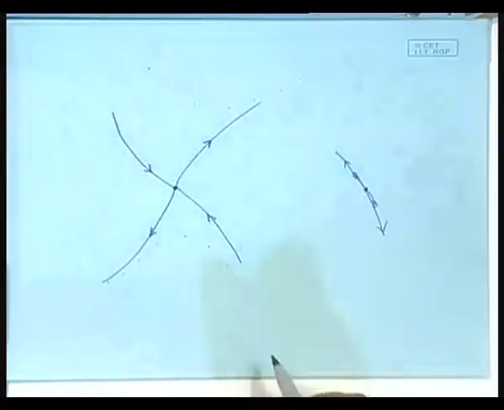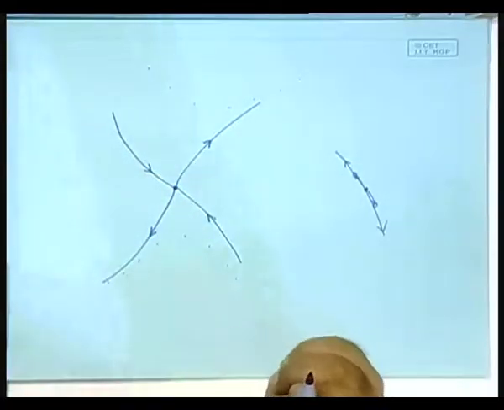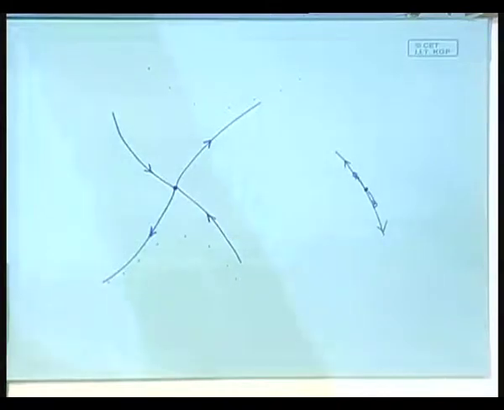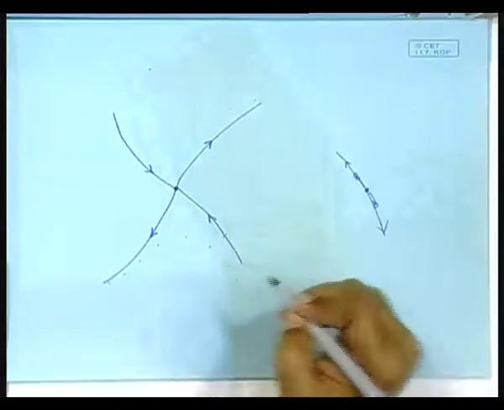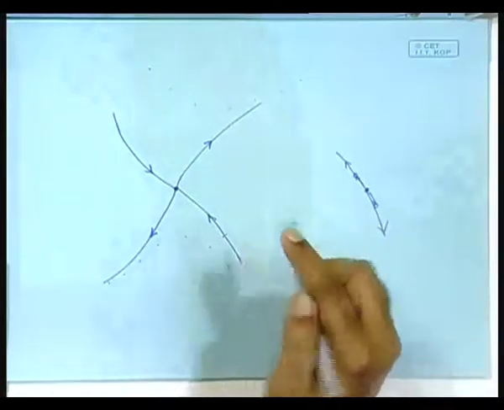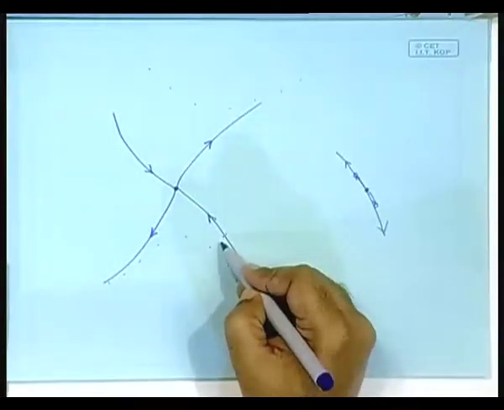Now, notice another consideration. What is the property of the stable manifold? The unstable manifold is an attractor, that we have concluded. What is the property of the stable manifold? Just consider two initial conditions at the two sides of the stable manifold. What happens to them?